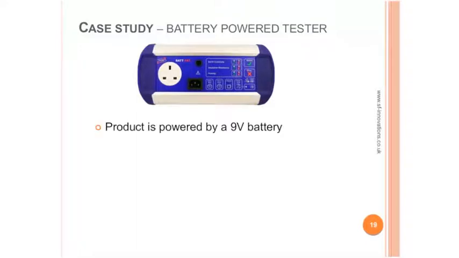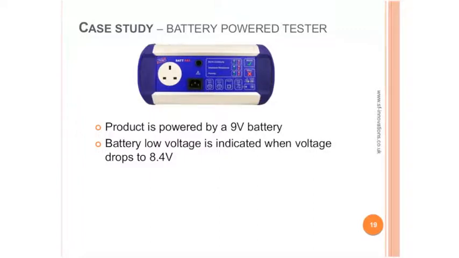Battery-powered units. Again, if you have a unit that's supplied from a power supply, then you've got a static 5, 12, or 3.3 volt to power it. But a unit that's battery-powered, the battery voltage is going to change. You might have, for example, a battery low threshold at 8.4 volts, and maybe get the unit to stop working at 8.